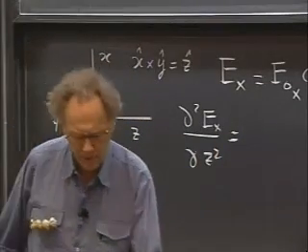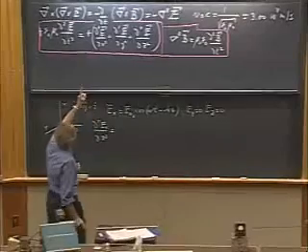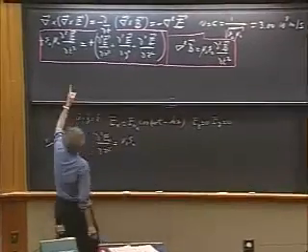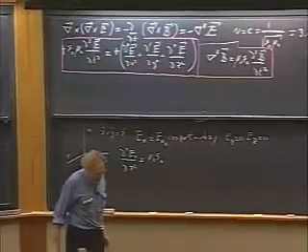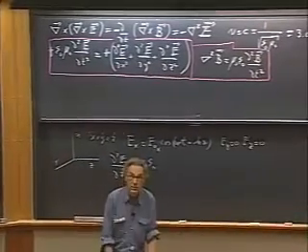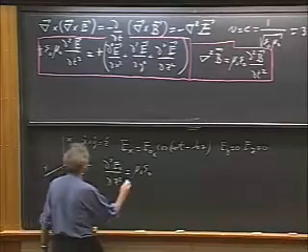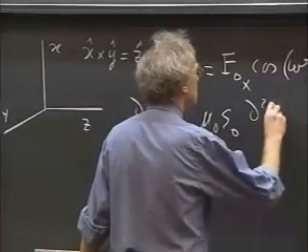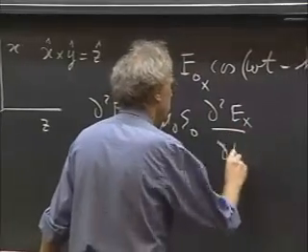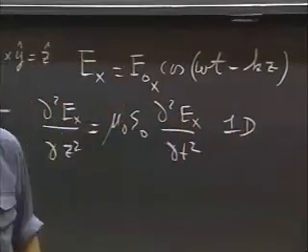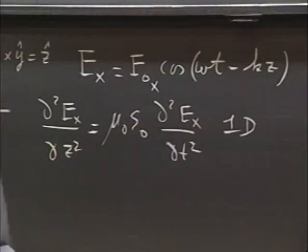And that then becomes mu 0 times epsilon 0. And when you take the d2E dt squared, only one term survives, because there is no Ey, there is no Ez, and so this now becomes d2Ex dt squared. So this is now a one-dimensional wave equation. I started easy.